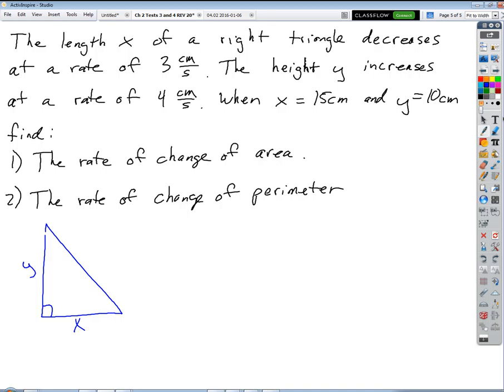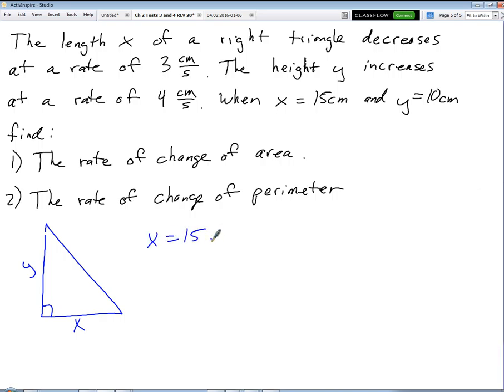Length. Okay, x is 15, good. I'll just leave the units off. Our units are just centimeters and seconds, probably, right? What else do we know? y is 10. What else do we know? The width decreases at a rate of 3. Okay, what about the triangle does? The length of x.